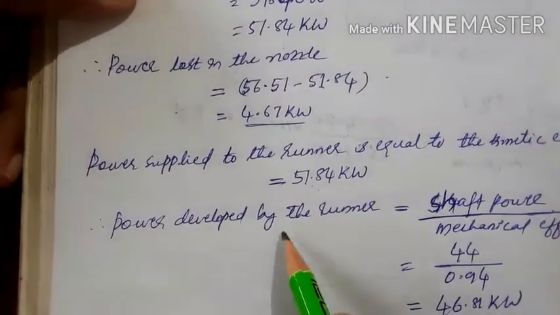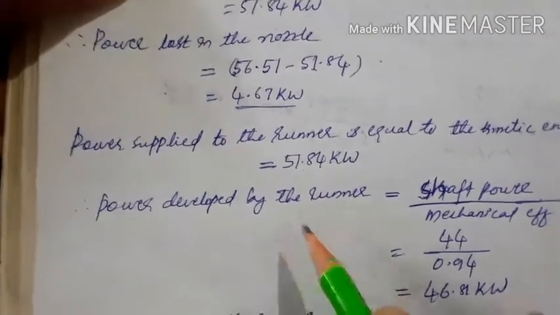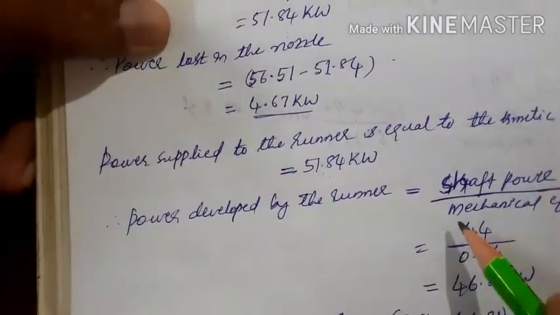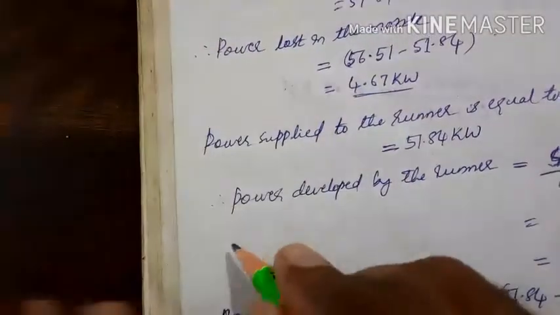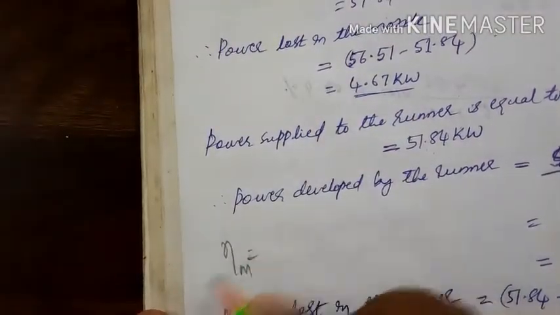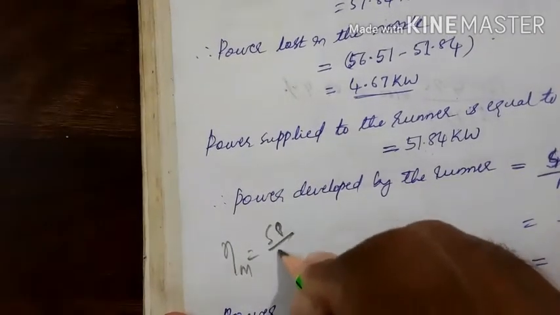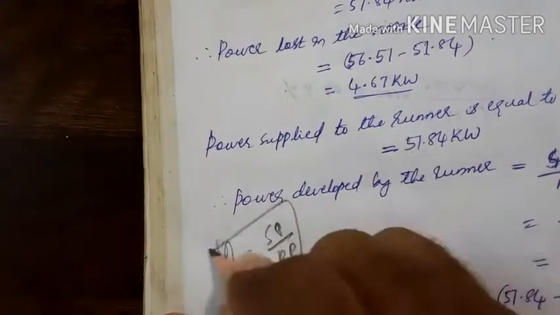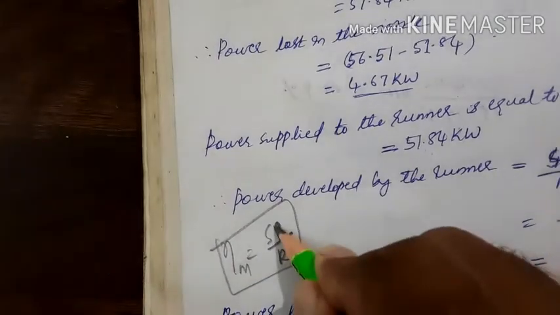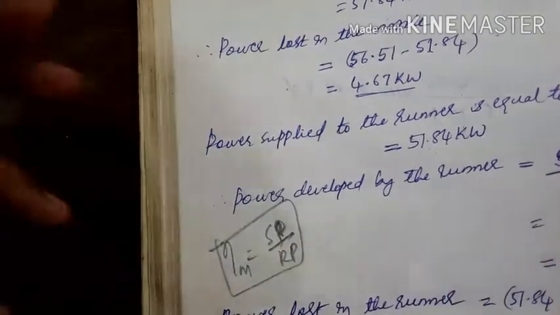Then the power developed by the runner will be what? As we know, mechanical efficiency will be shaft power divided by runner power. This is mechanical efficiency, power available at the shaft divided by runner power.